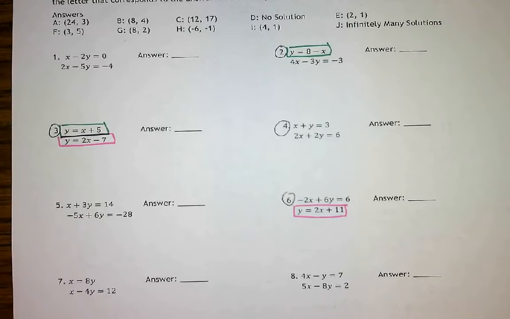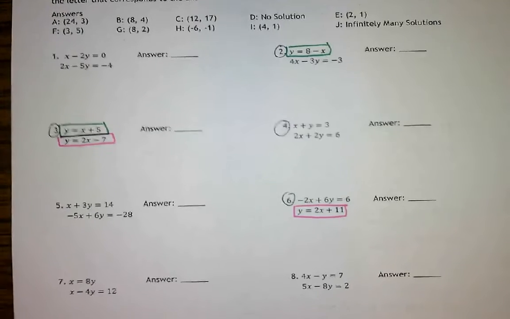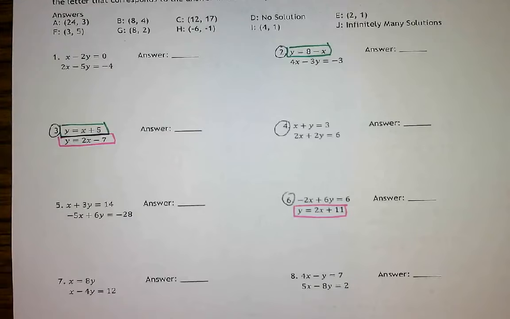Now, y'all, if you do not have a graphing calculator at home, you can still totally graph these, okay? So, for example, you can do it here with your Desmos. If I was going to graph number 3, guys, this is one of the reasons I love Desmos. I can type this in, and it would be y equals x plus 5 and y equals 2x minus 7.